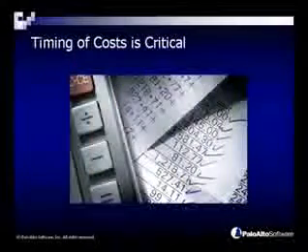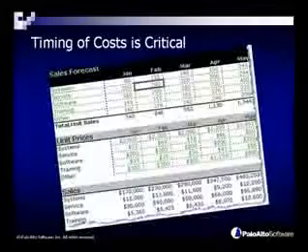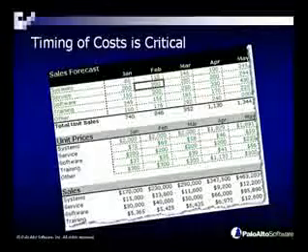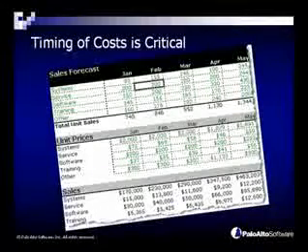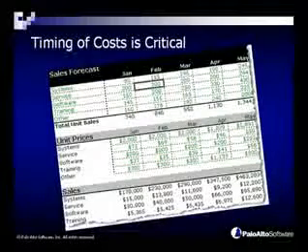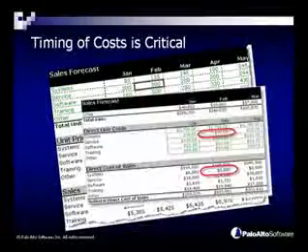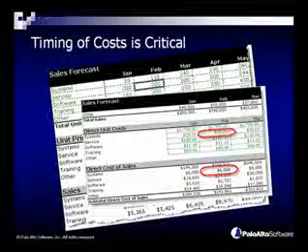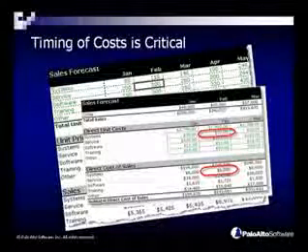As with sales, timing of costs is critical. We have the 200 units of service that we saw earlier that created $13,800 of sales in this picture. Well, the cost for this service needs to be matched to the sales of the service.